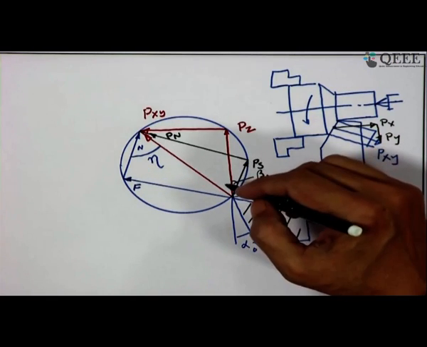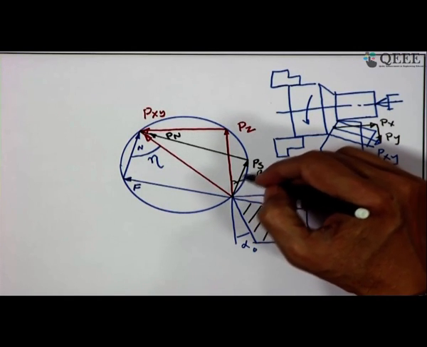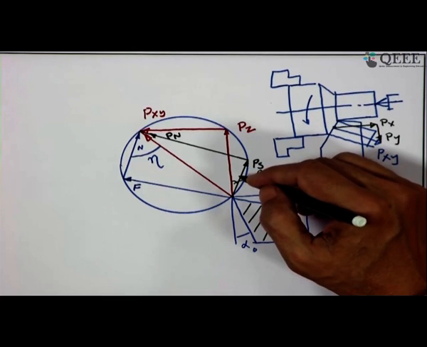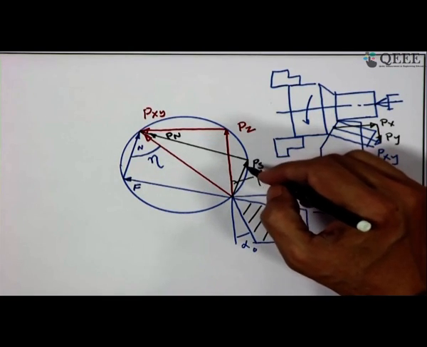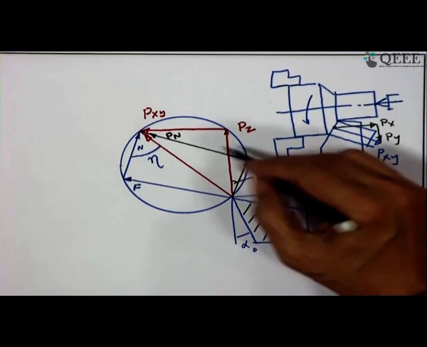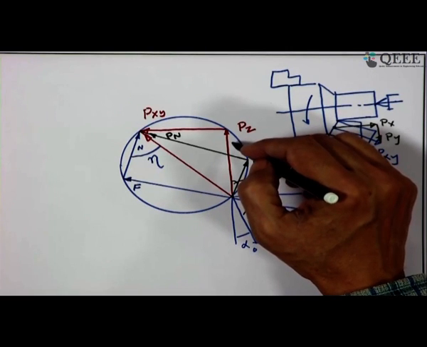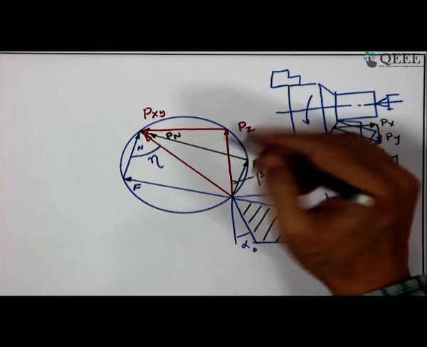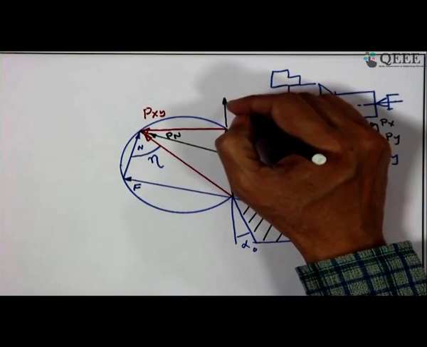And as I have mentioned in the early section of my lecture, this PS is directly responsible for shearing or separation of the chip. So, it is the PS value and PN is acting on that, and finally, we get PZ, it is the force in line with the direction of velocity.